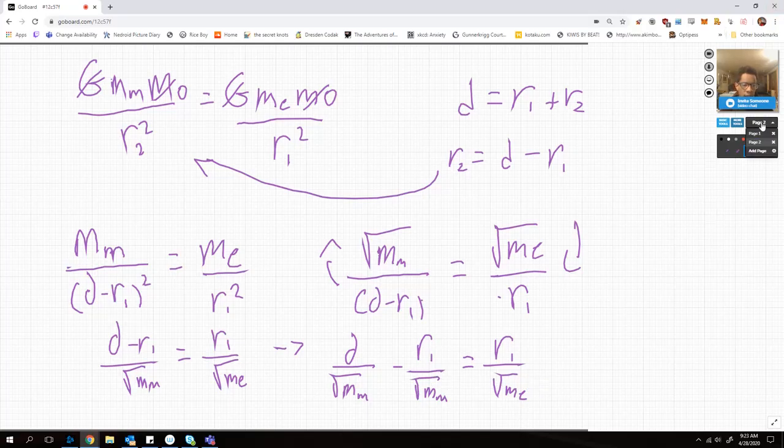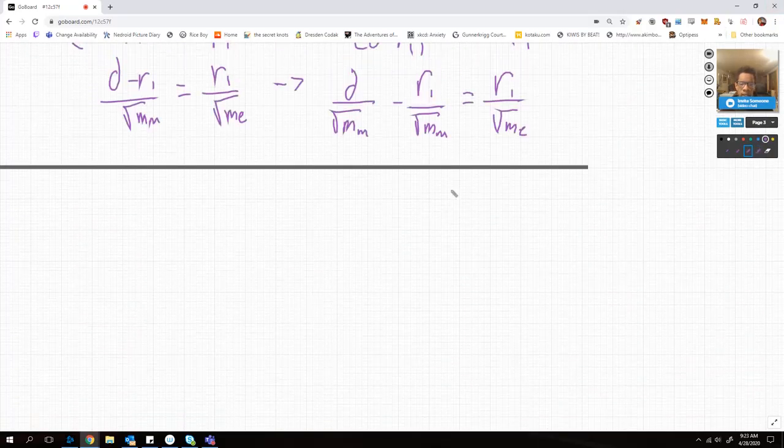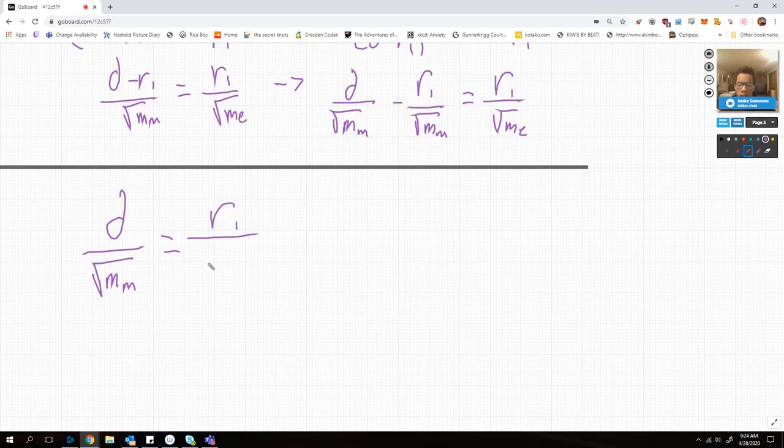Just bear with me, it's just a lot of math. What I should get is D over square root mass of moon equals R1 over square root mass of Earth minus R1 over square root mass of moon.